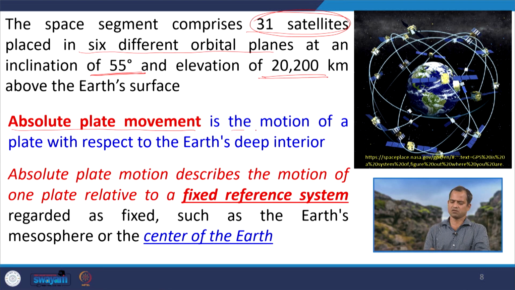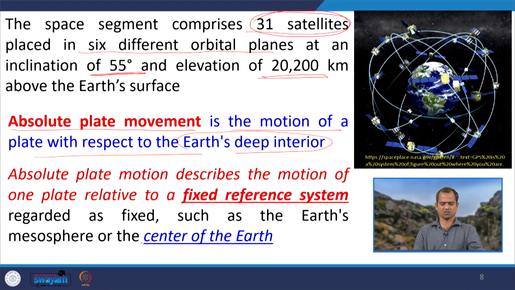It is the plate motion with respect to earth's deeper interior. So, deeper interior means the center of this earth, and this is the fixed reference system.